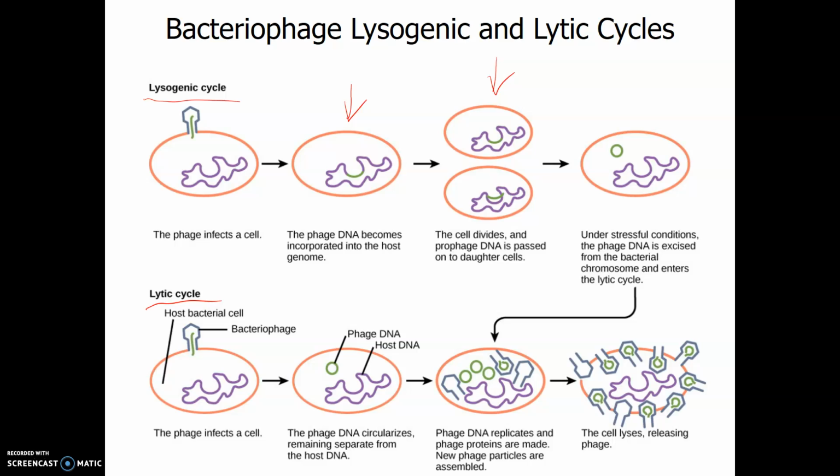But if they have a lot of stress in their life, whether it's physical or mental, any type of stress can cause them to have an outbreak. And when that happens under stressful conditions, the viral DNA separates itself from the bacterial chromosome and it looks like a plasmid actually, but it becomes its own DNA and enters the lytic cycle at this stage, at the replication stage.